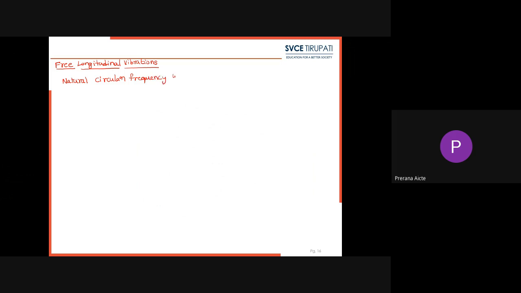which will be represented with the symbol omega n, and which is root k by m. What is k here? K is the stiffness of the spring. And what is m? M is the mass of the system. And what is x?